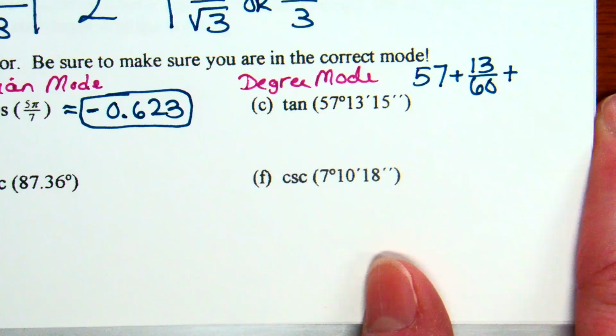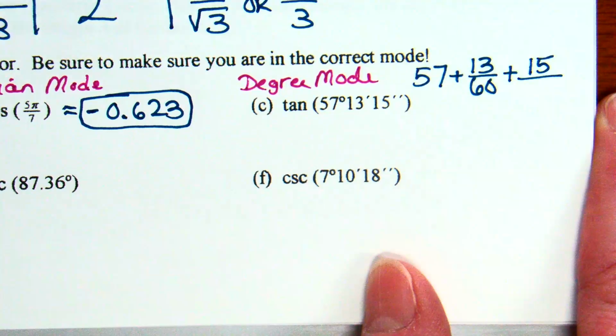How many seconds in an hour? 60 times 60, or 3,600. And so you're going to want to do that on your calculator. So that's 57 plus 15 over 3,600.